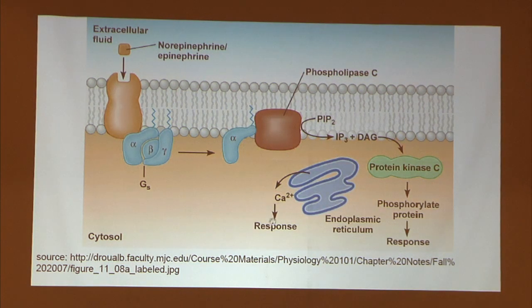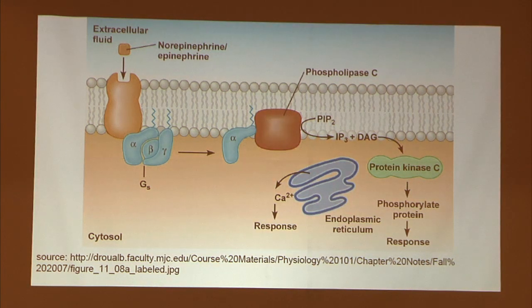IP3 is allowing calcium to come out of the endoplasmic reticulum, or ER, and DAG is going to help activate protein kinase C. Kinases just phosphorylate proteins. So protein kinase A and protein kinase C are both going to phosphorylate proteins, but protein kinase C is activated with DAG. Also, I think calcium helps too.